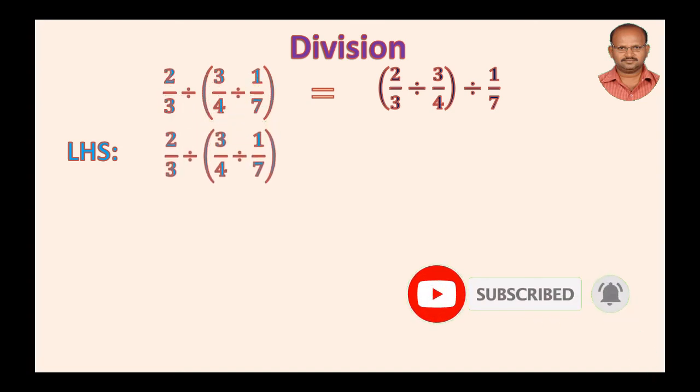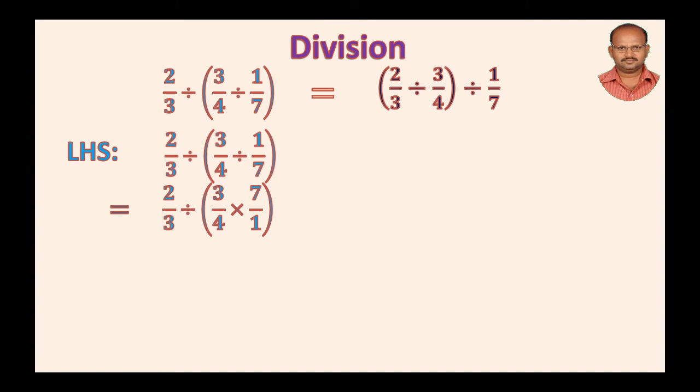That is equal to, in division we first change the signs. 2 by 3 divided 3 by 4 into 7 by 1. 7 by 1 is nothing but inverse of 1 by 7. Inverse multiplication of 1 by 7.